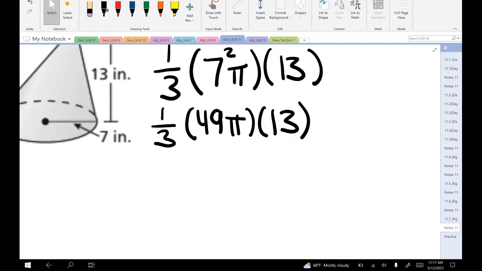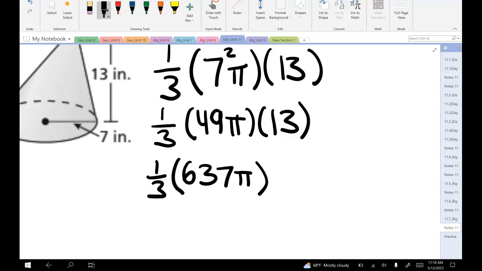Multiplying by 1/3 is never fun, so I divide by 3. So I take 49 pi times 13. 49 times 13 is 637, so this is 637 pi.